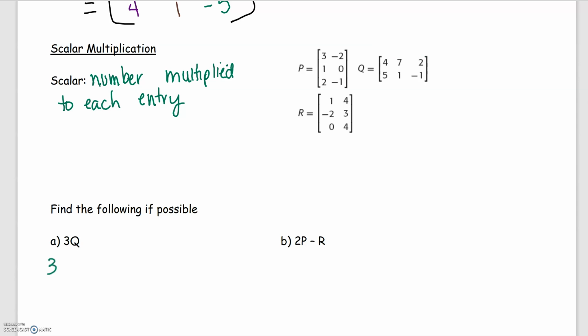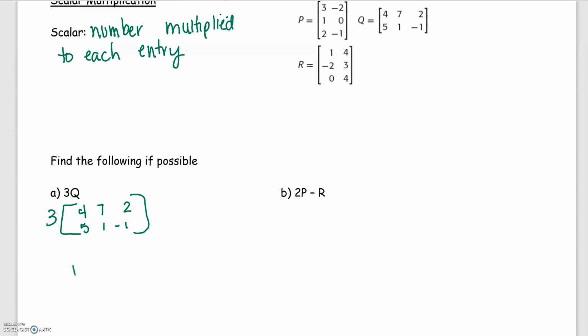So 3 times the whole thing. So what we get is 12, 15, 21 there, 3 there, 6, and -3.